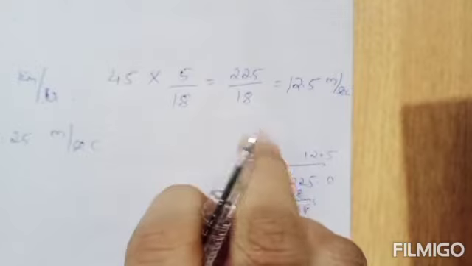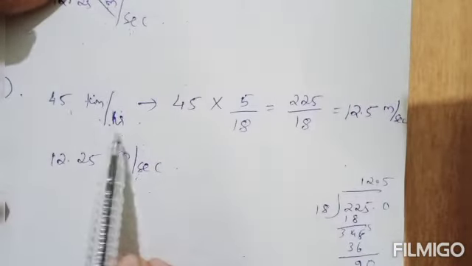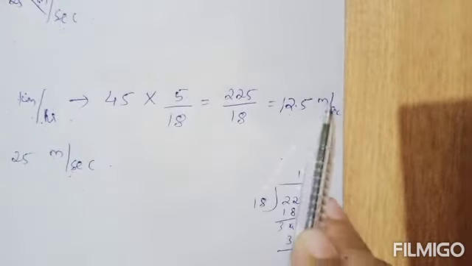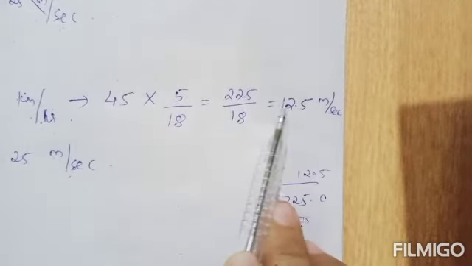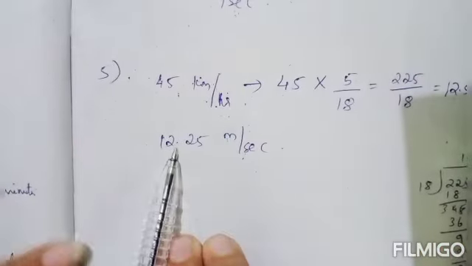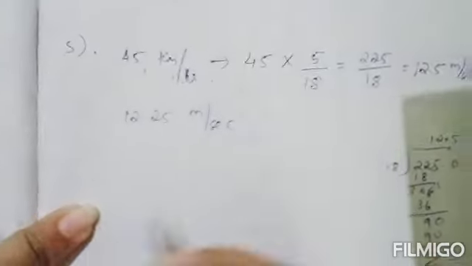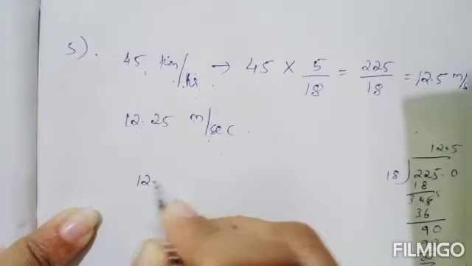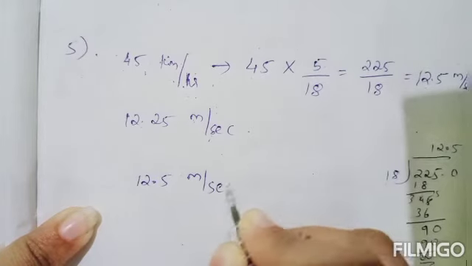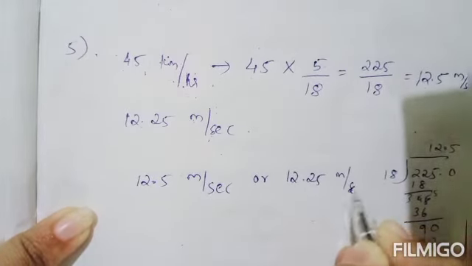Okay, now here the first unit, we convert 45 kilometer per hour to meter per second. We got 12.5 meter per second. The second speed it is 12.25 meter per second. So which one is greater here? 12.5 meter per second or 12.25 meter per second?